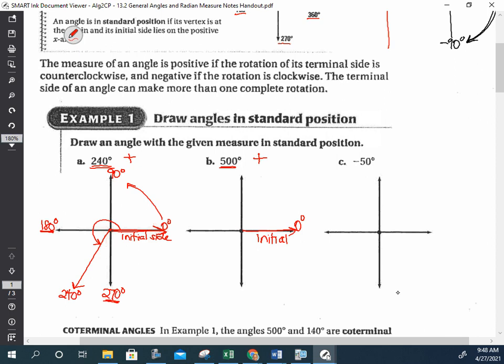So 500 degrees means you're 90, 180, 270, 360. Okay, we're not at 500 yet, so that means we have to keep going. 360 plus another 90 is 450.